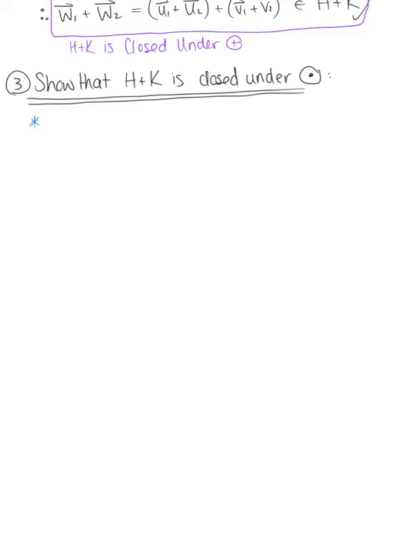We want to show that for all vector W sub 1 in H plus K, and for all scalars C, this scalar multiple C times vector W sub 1 is also in the set H plus K.